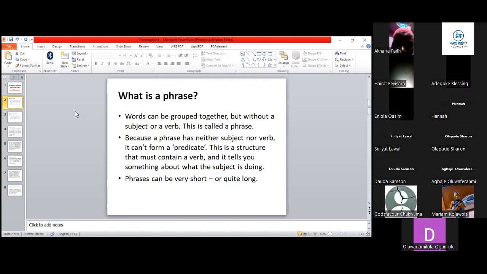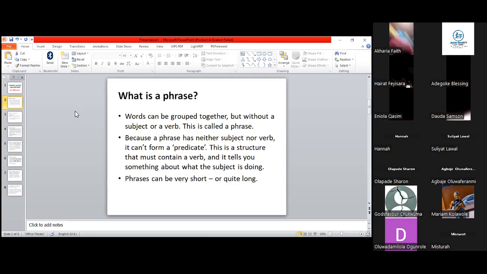Phrases are words brought together in a grammatical form, or having a grammatical formation, in such a way that it does not have a subject or a verb. What we are trying to say is that when you are calling something a phrase, it is just words brought together that does not have a definite subject or verb in it.